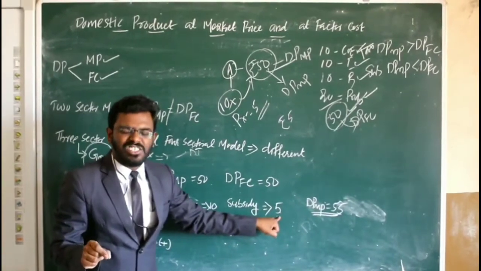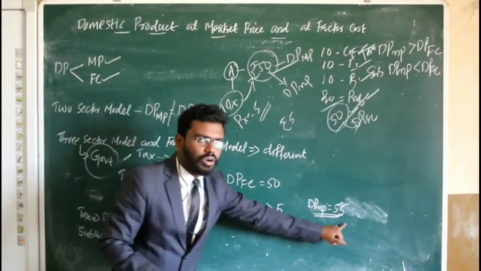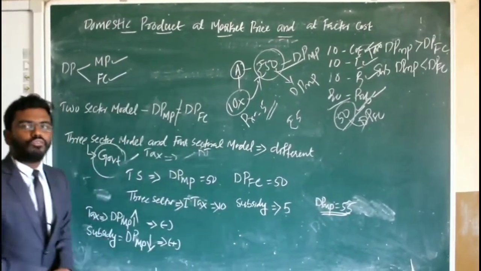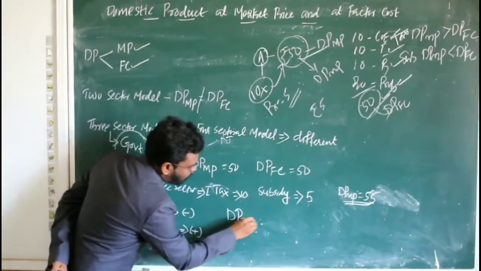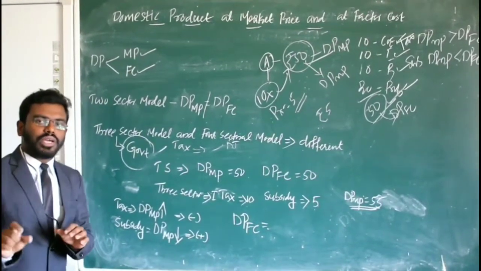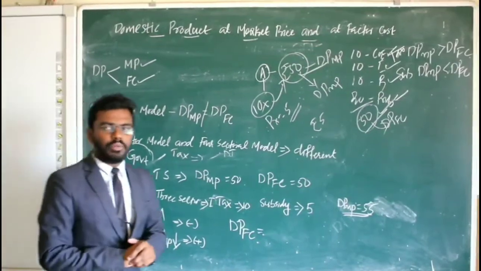So 60 minus 5 equals 55. Got it? 55 is domestic product at market price. Now we need to calculate domestic product at factor cost, or equalize domestic product at factor cost with domestic product at market price.